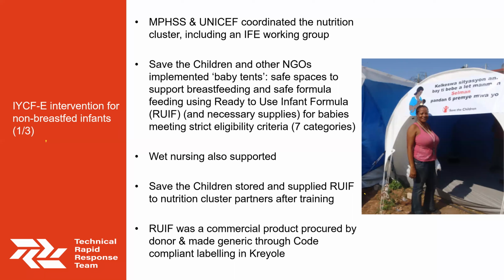These were safe spaces to support breastfeeding and also safe formula feeding using the ready-to-use infant formula and necessary supplies to do that. For babies meeting strict eligibility criteria, there were 7 categories, the most obvious being orphaned or abandoned by the mother.